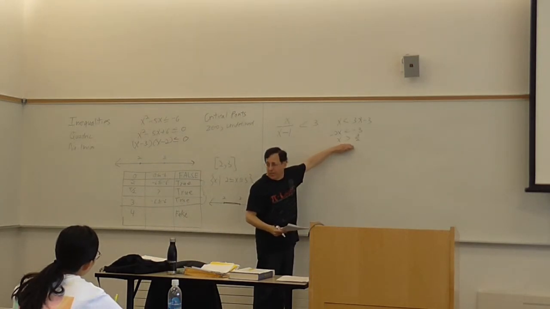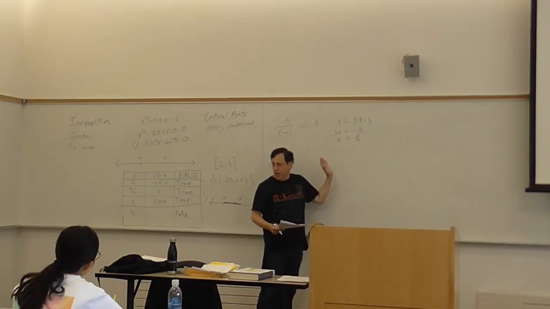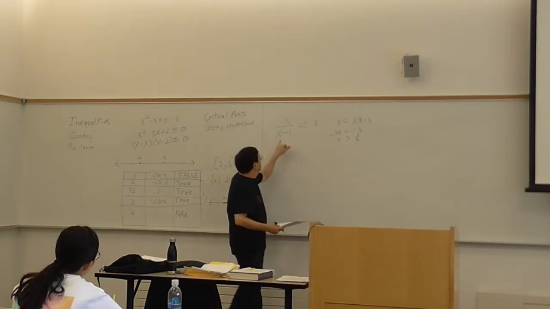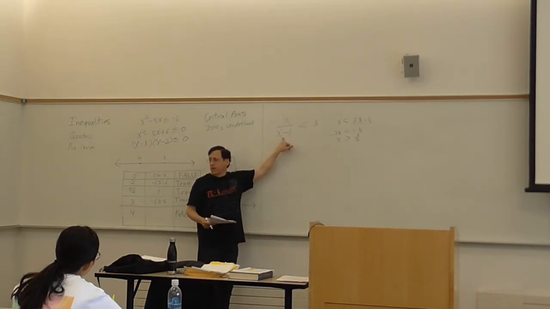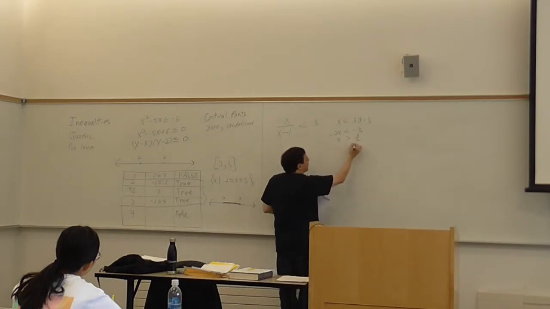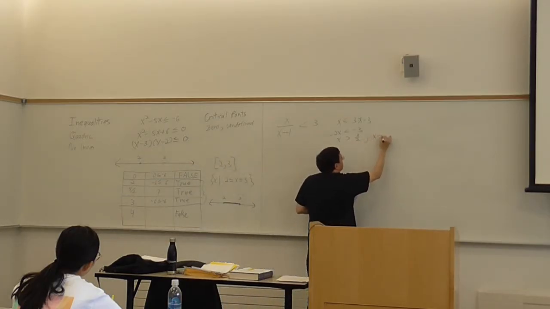Well, I'm missing something here, right? There are two regions. Clearly it's x greater than 3/2. There's a critical point here, which is 1. So this is going to be x greater than 3/2, but x is not equal to 1.